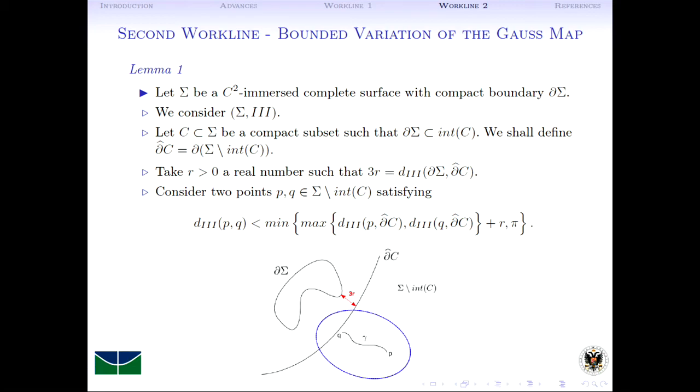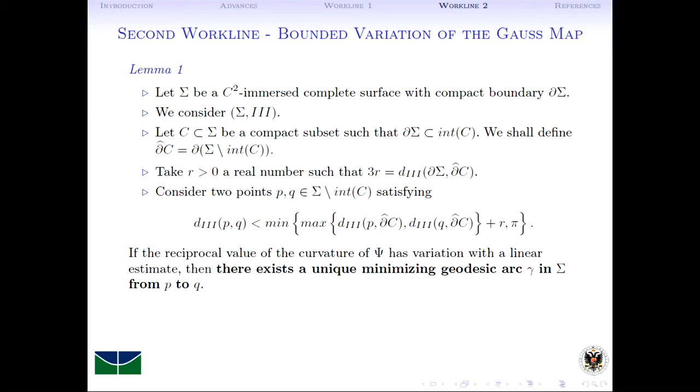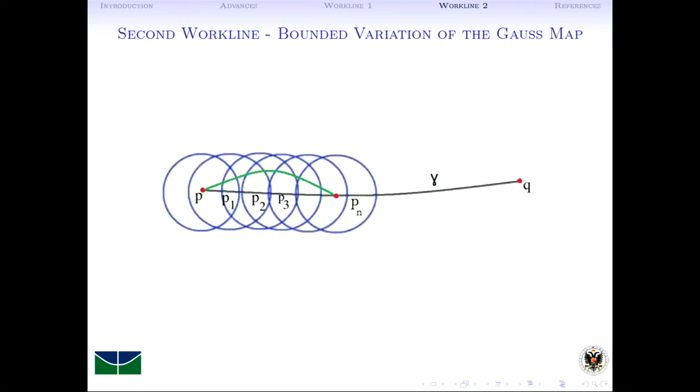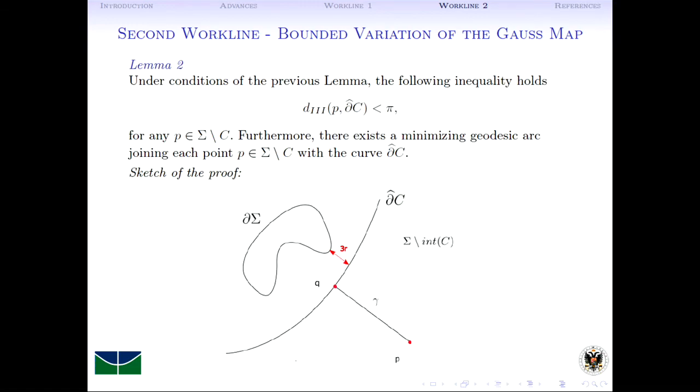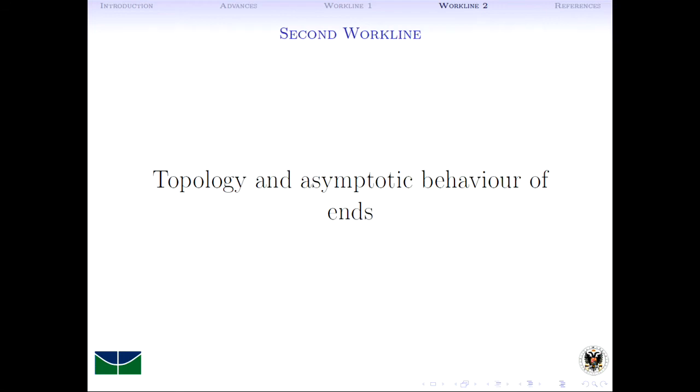Using this Efimov technique we can prove that any two points of the surface out of a compact subset can be joined by a minimizing geodesic arc from P to K. This is a sketch of the proof; I don't have time to explain it. The second lemma states that minimizing arcs have length at most P. This is the sketch of the proof.